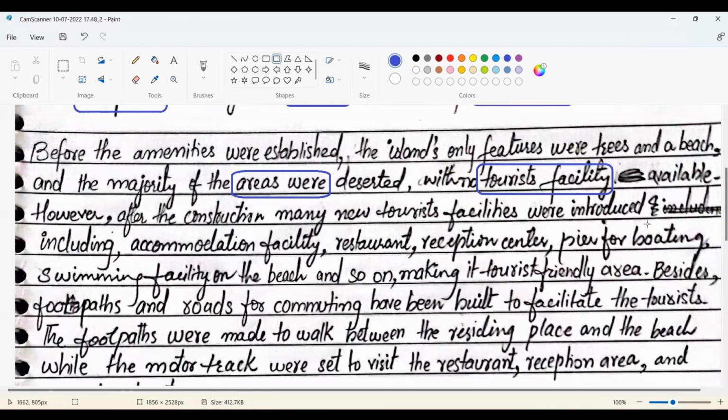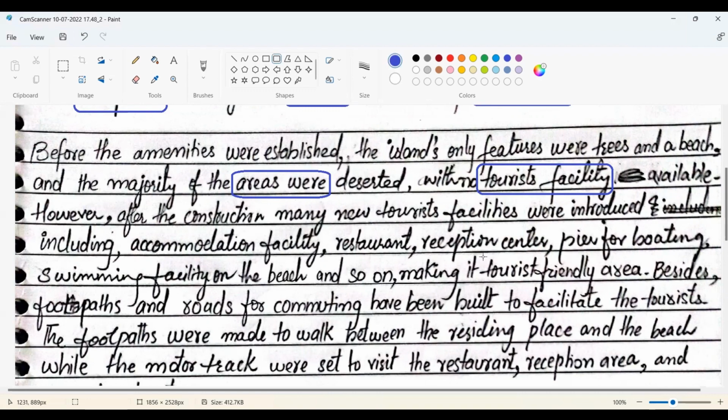Many new tourist facilities were introduced, including accommodation facility, restaurant, reception center, fire for boating, swimming facility on the beach, and so on, making it a tourist friendly area.